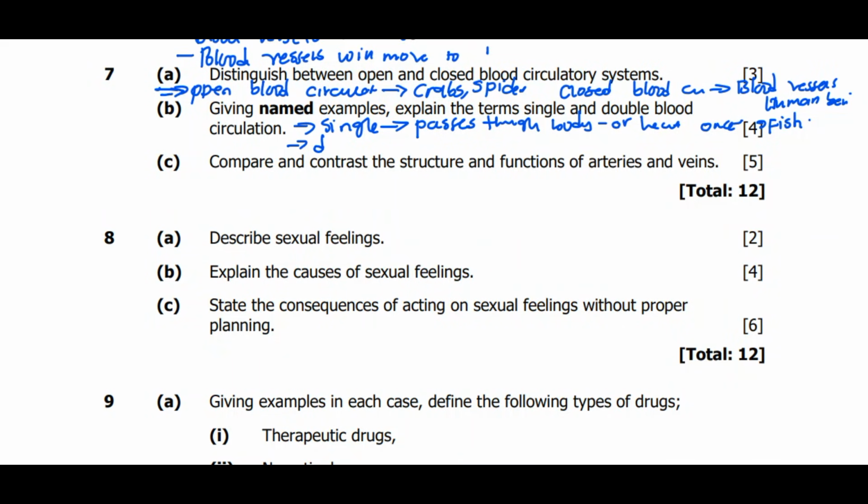Then for a double circulation, we are looking at the passing of blood through the heart twice. The best example is the human being. If this is our heart here, then we have the lungs here, and we consider this one as our body.